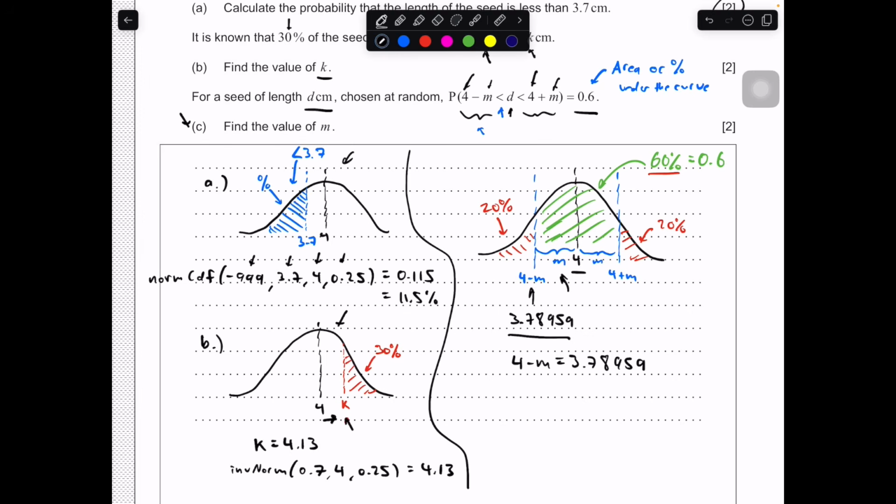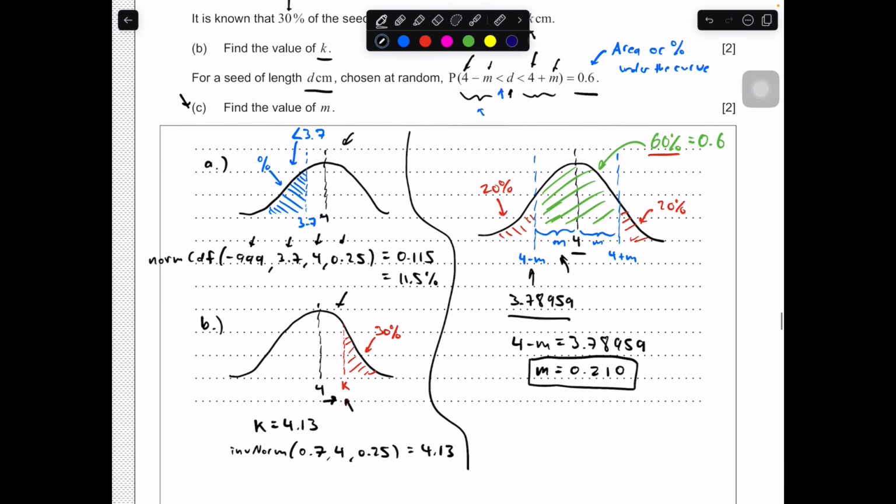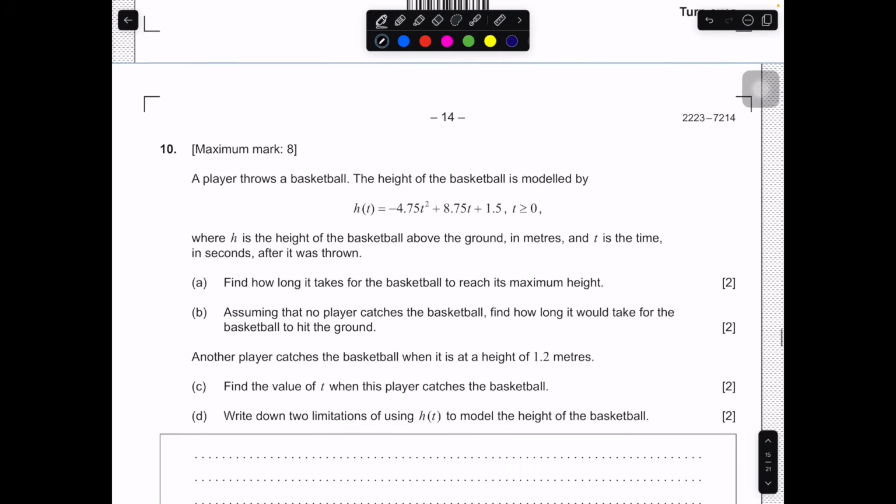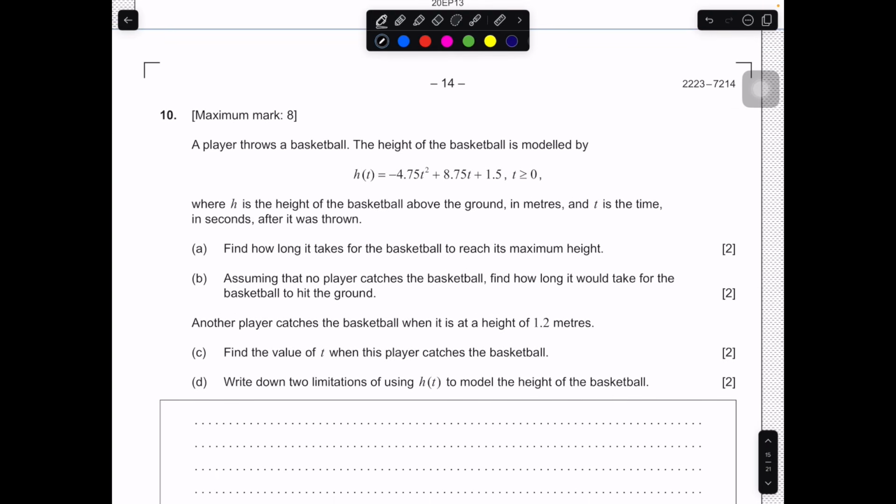That's alternatively what we're doing here. 4 minus that is just going to give us a value of 0.210. All right, that's the value of it. 0.210. Okay. Good question, kind of challenging.